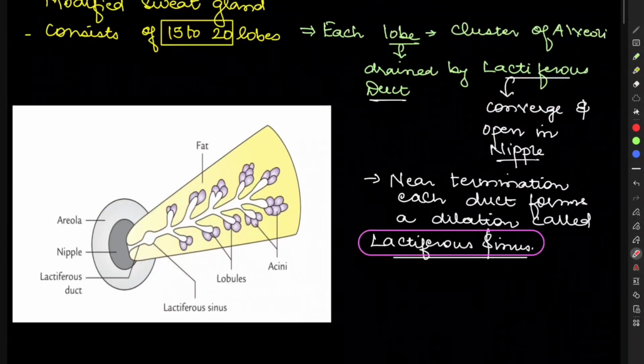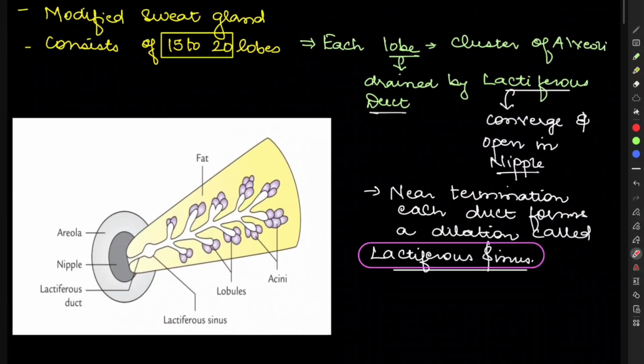Talking about our parenchyma, it has 15 to 20 lobes. Each lobe has a cluster of alveoli, which is drained by the lactiferous duct.